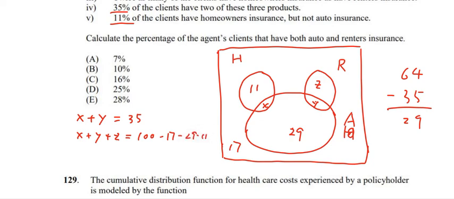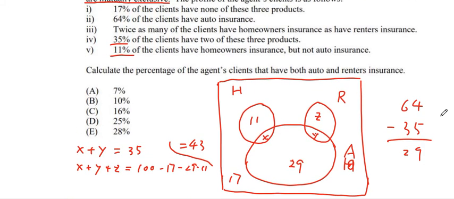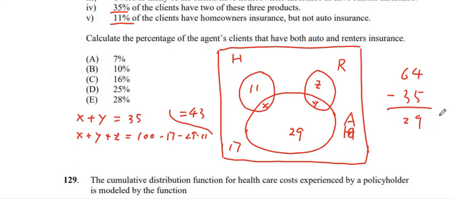So we find this equals 43. Okay. And for the other conditions, condition 3: twice as many clients have homeowner insurance as have renter. So home is twice of rent. So home is 11 plus x, and 11 plus x equals 2 times z plus y.